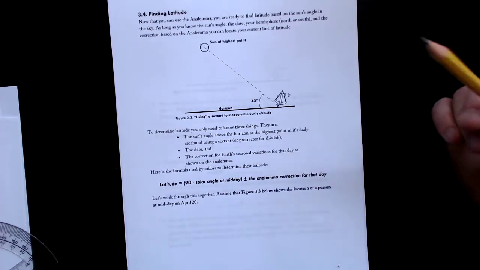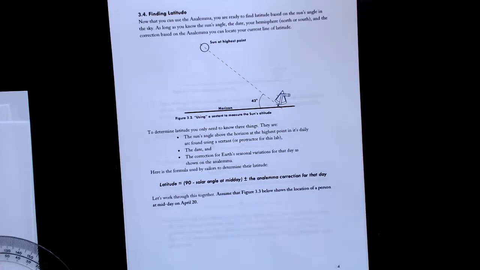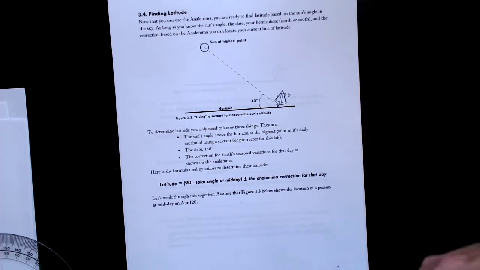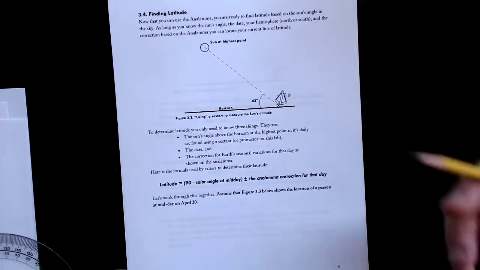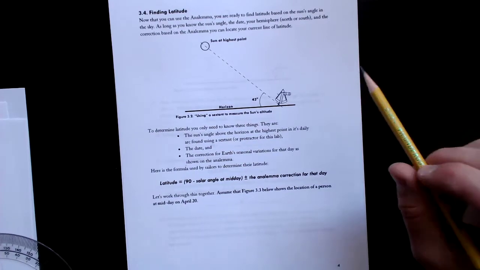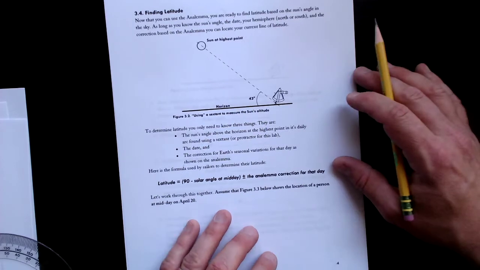Also, if you're currently in that lecture class and you've listened to me with the geodesy lecture, and I get into latitude and longitude, and I explain how in the lecture class on your first exam you're going to have to calculate latitude and longitude, I stress in there that it's going to be different in the lab compared to the lecture. Right?